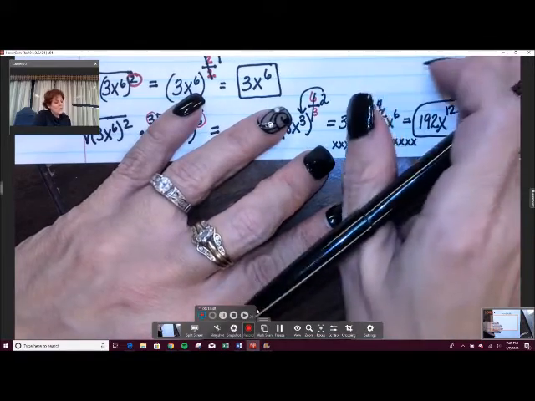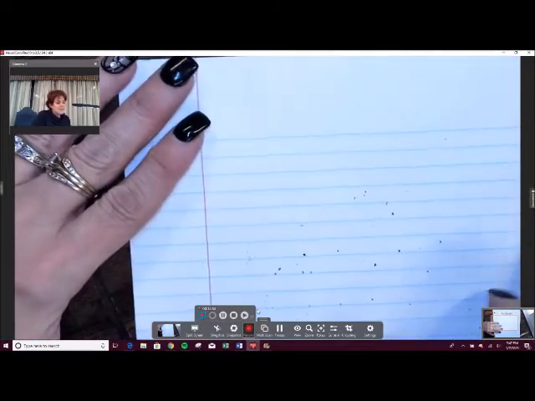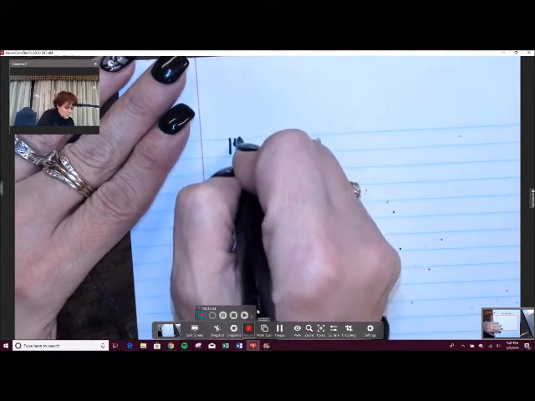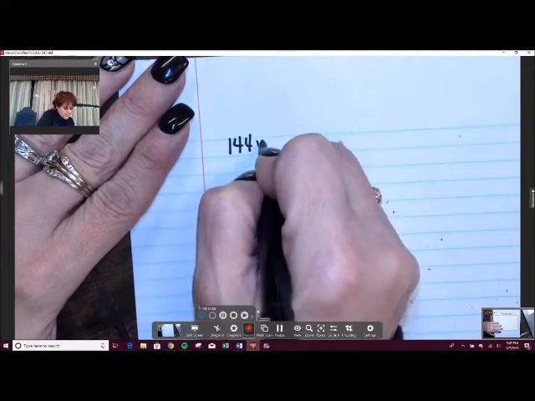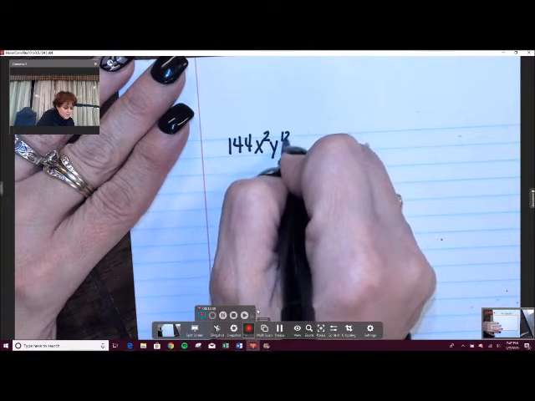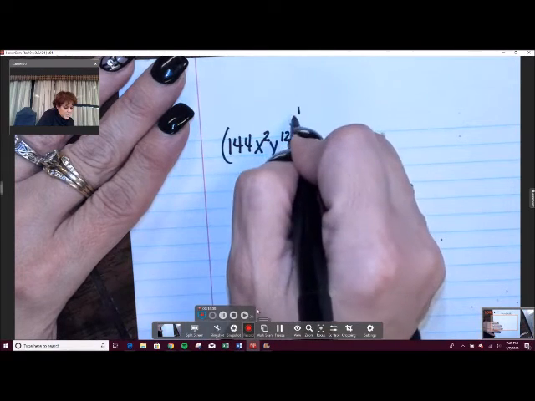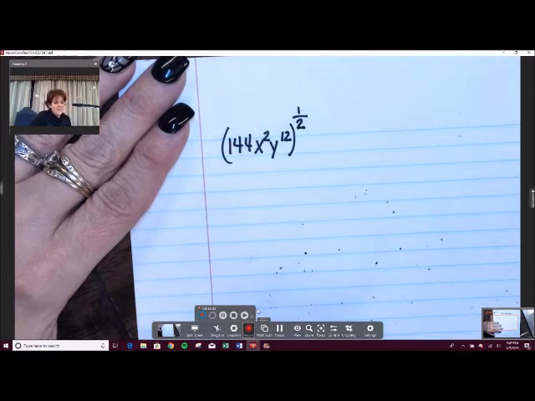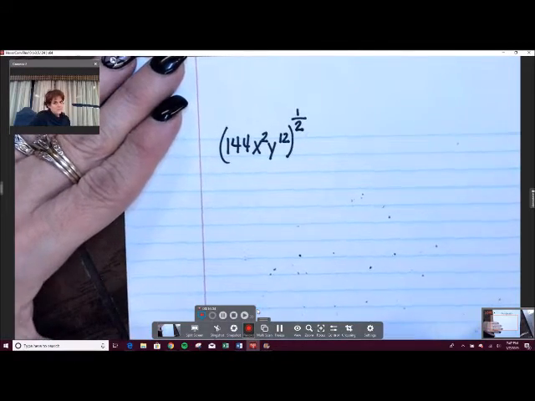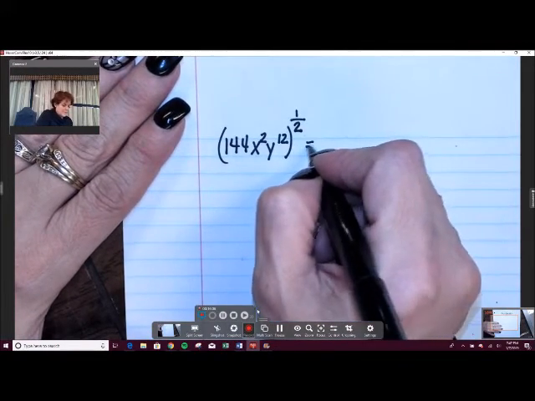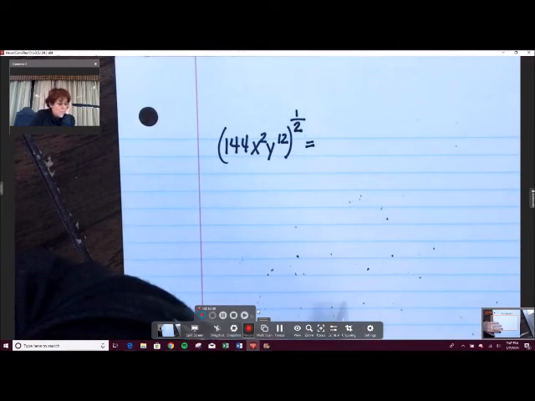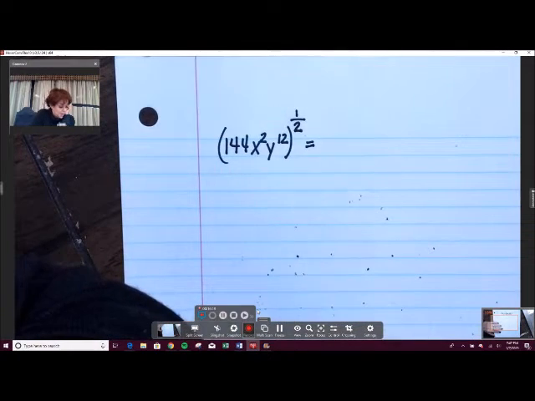Yeah, you're like, what? Okay, let me do one more. 144 x squared y to the 12th, all raised to the 1/2 power. Okay. I'm going to do this term by term.